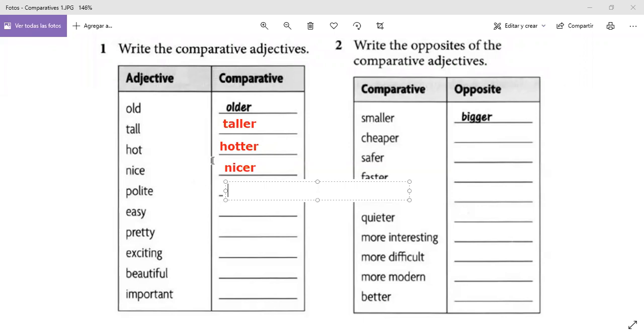More polite. So guys, look at the difference between nice, hot, tall, and old. This adjective has more than one syllable. So in this case, it is more polite.